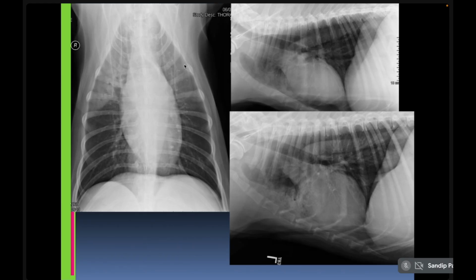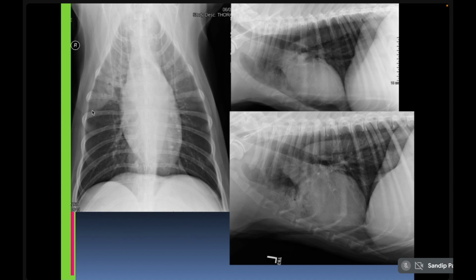Now, as I mentioned earlier, this is called lobar sign. This is one lung lobe severely affected. This right lung lobe is severely affected. You can see the lobe.